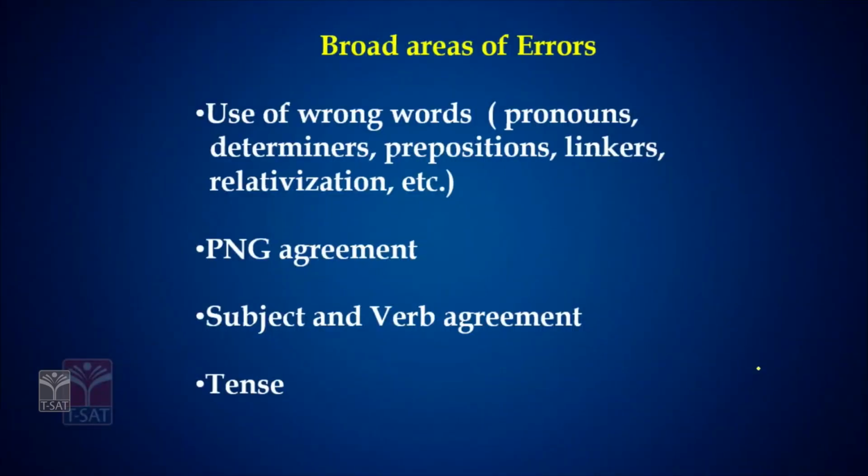Why do we make errors? The common areas of errors are use of wrong words. This occurs in pronouns, determiners, prepositions, linkers, relativization and all. This really happens once the language practitioner imports the rules of L1 in L2 atmosphere, and once they go for true translation, mistakes do happen.